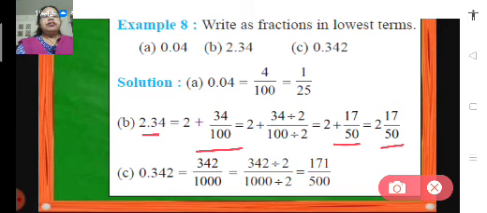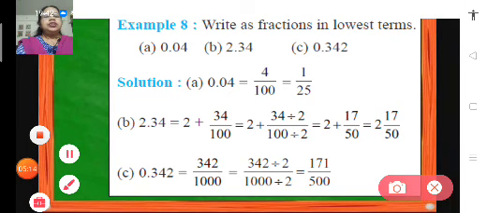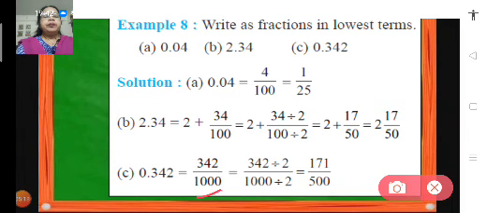Now see, we have 0.342. Now 0.342 can be written as 342 upon 1000, isn't it? Because there are 3 decimal places, so we put 3 zeros here. So we get 342 upon 1000.